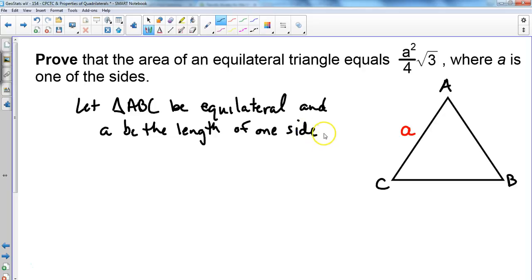We know because it's equilateral that if A is the length of one of the sides, then A is the length of all of the sides. We can go ahead and label that on our diagram.